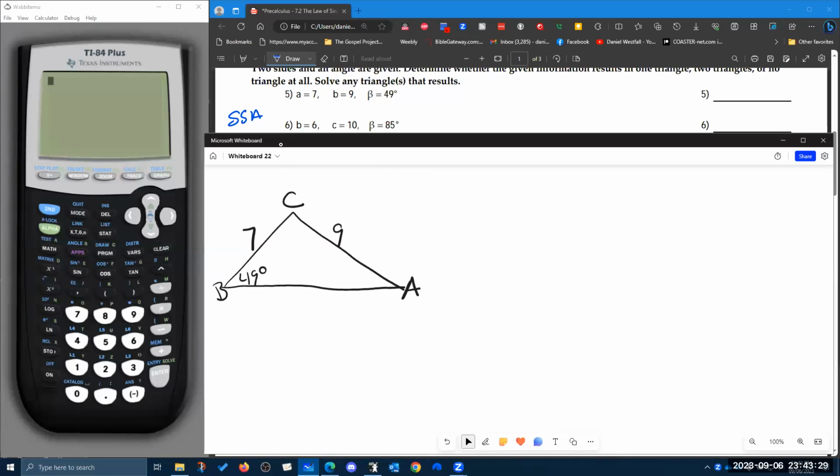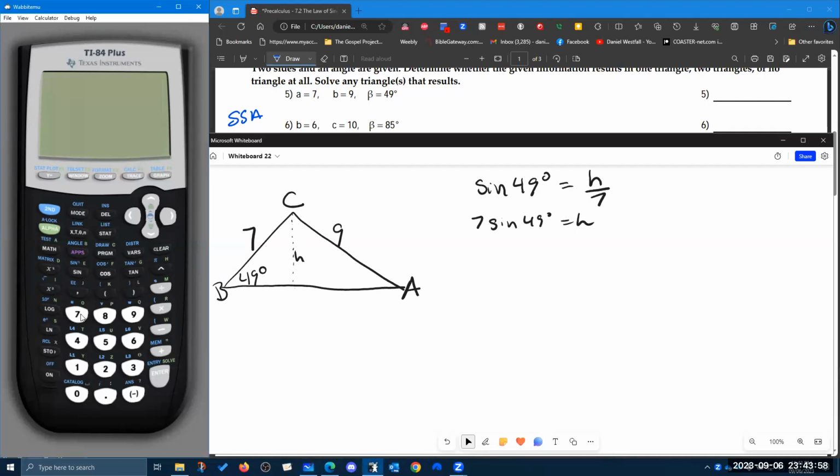Let's actually first talk about the method where we find the height. I'm going to drop an altitude here. This is going to be h, and sine of 49 degrees is going to be h over 7. So 7 sine of 49 degrees is equal to h.